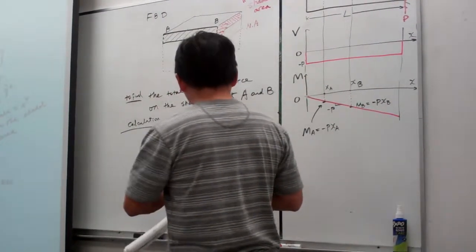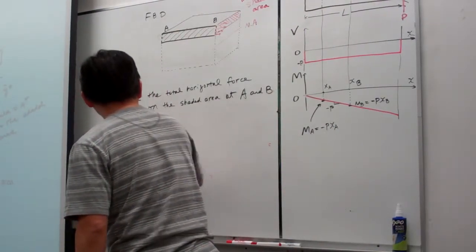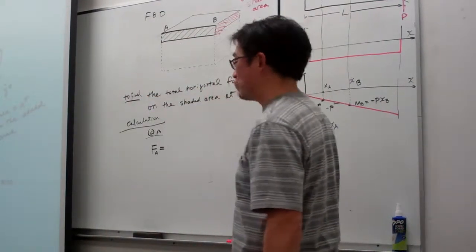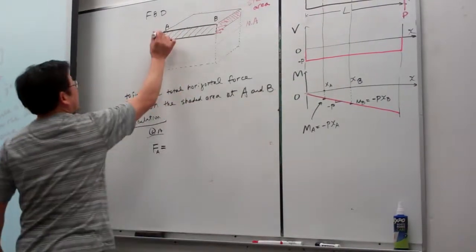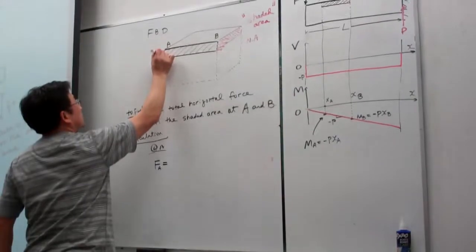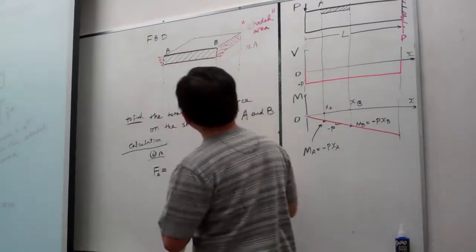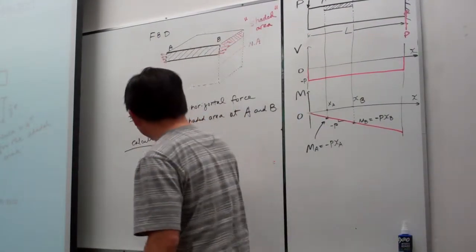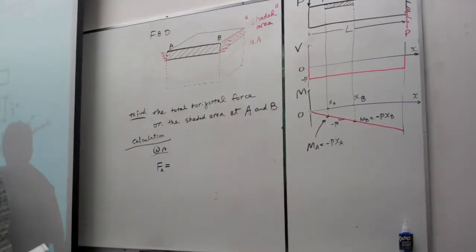So let me call this the total force at A, equal to, let me draw the force here, the total force, that is the tension. Okay, so that is the bending stress. So here for the total force, we put in this formula. Again, everyone should be familiar with this formula.